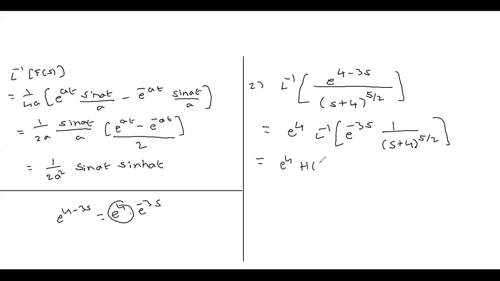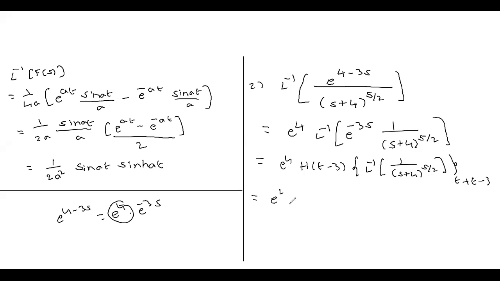So this is e power 4 into, what the second shifting theorem says, H of t minus 3 into, put a bracket, find out L inverse of the function 1 by s plus 4 whole power 5 by 2, and replace t with t minus 3. Is that okay? Now, how do you evaluate this L inverse? First shifting property.